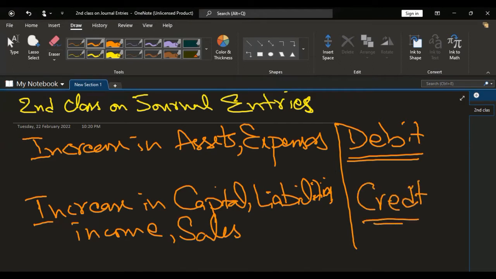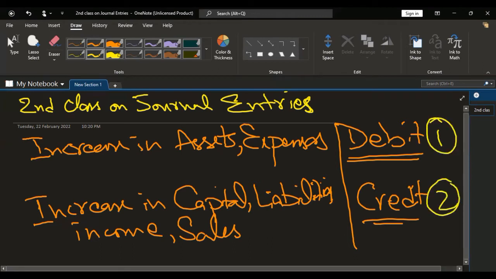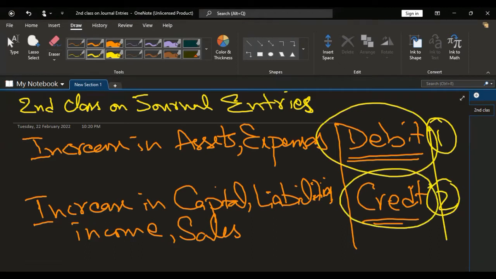So here we have made two rules. The first one is for debit and the other for credit. Increase in assets and expenses will be debited, and increase in capital, liabilities, income, and sales will be credited.